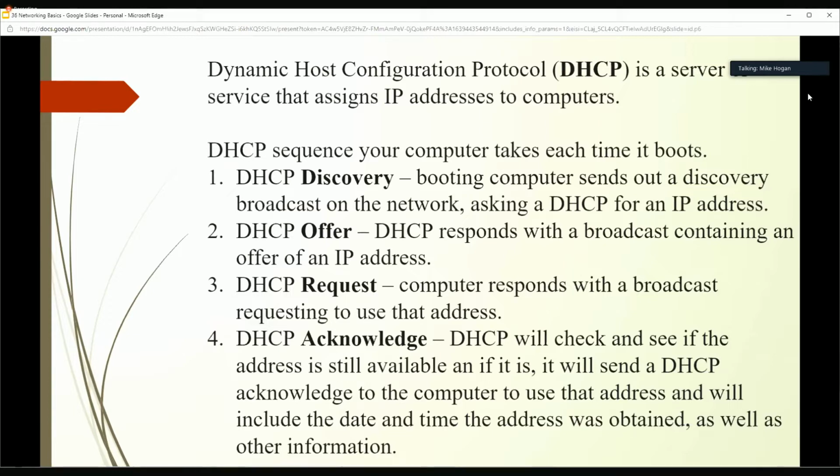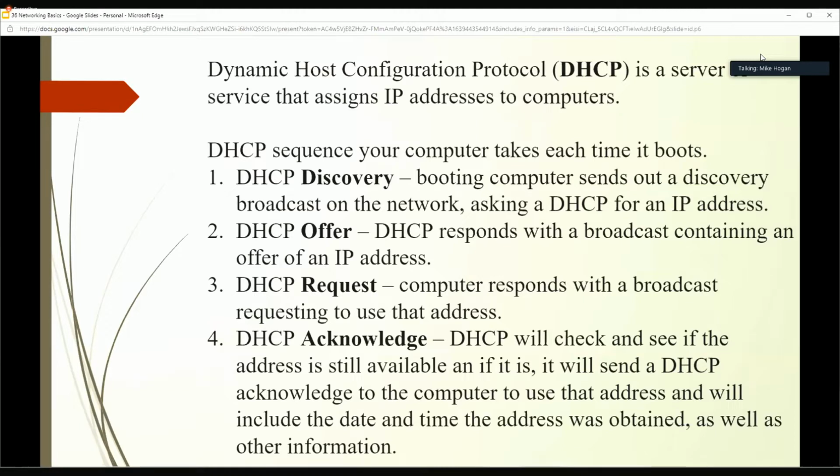One host is going to respond faster than the other, and they'll get to use the original IP address. If the IP address is used at that time, then it'll go through the process again to once again look for an available IP address and go through the process until an acknowledgement is received from the DHCP server that yes, this IP address is valid and good to go.